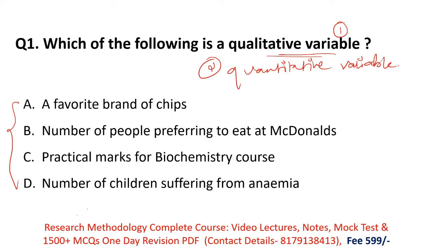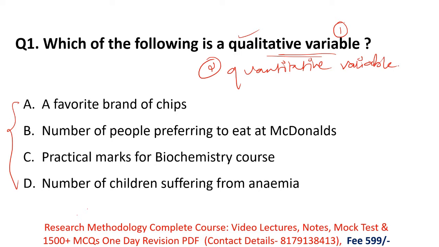They have given us examples in options A, B, C and D, and we have to select the one correct example of a qualitative variable. Qualitative variable means the variable which shows us the quality.